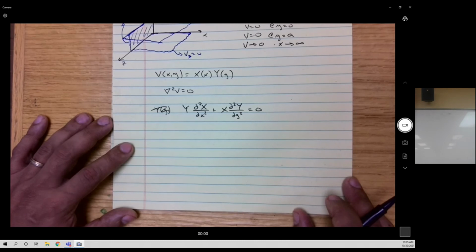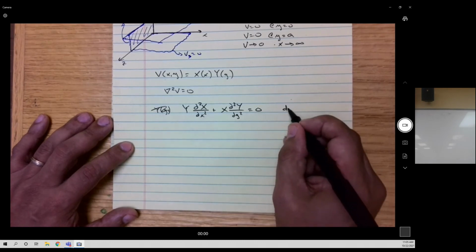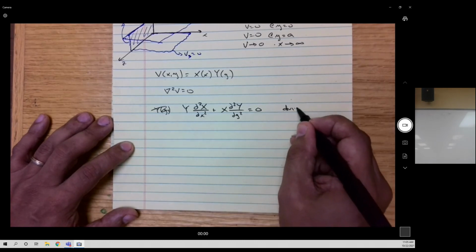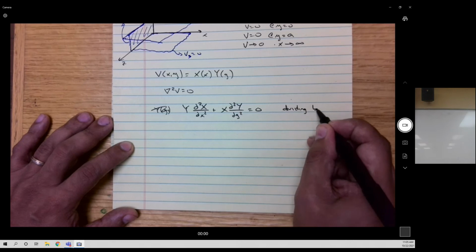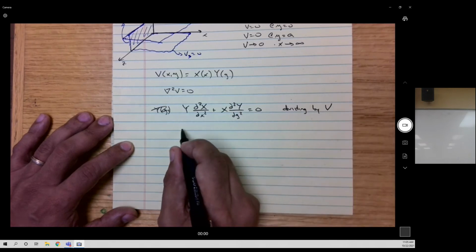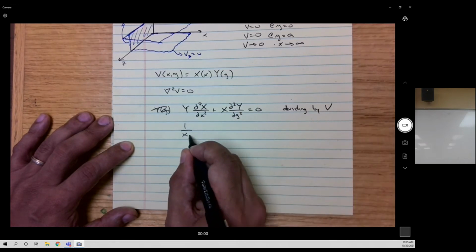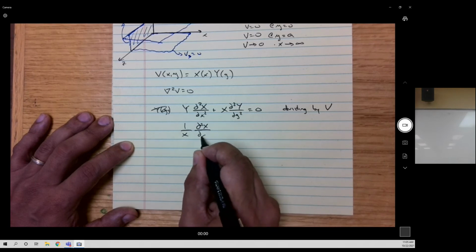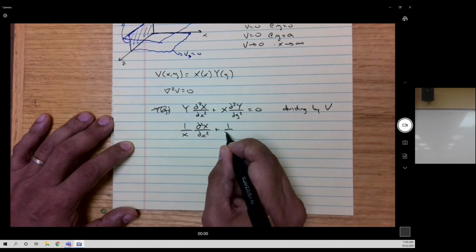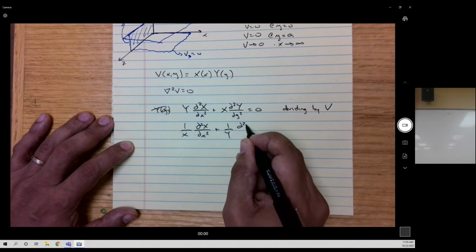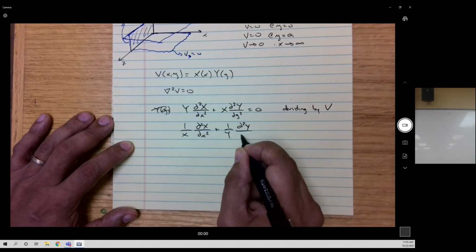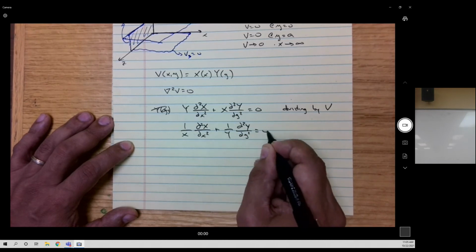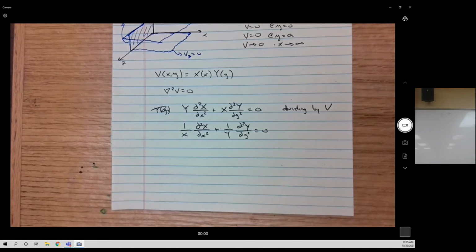This is pretty much what we did last time, dividing by V, then I'm going to end up with 1 over X d²X/dx² plus 1 over Y d²Y/dy² equals 0. Okay?